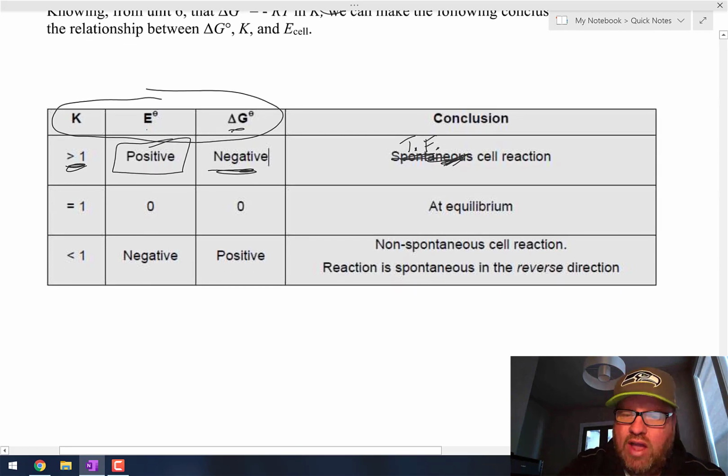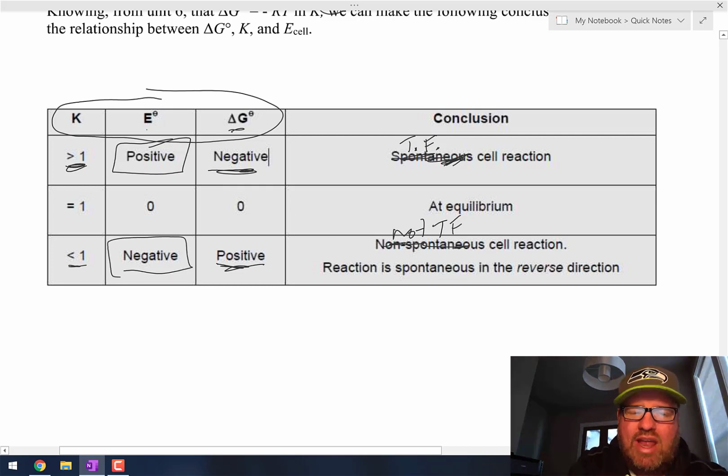The opposite is also true. If it's not thermodynamically favorable, then delta G is a positive value, K eq is less than 1, and the cell potential is going to be a negative value.